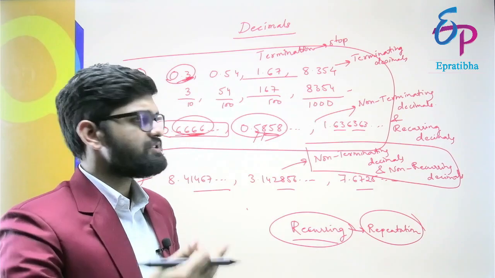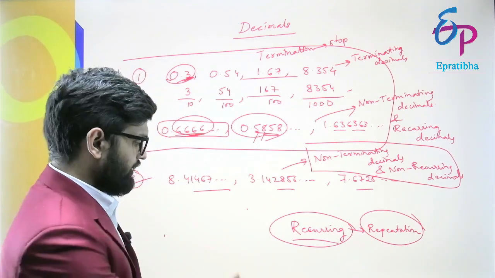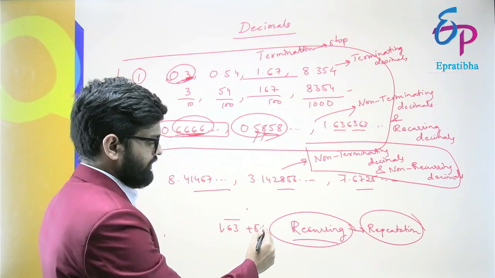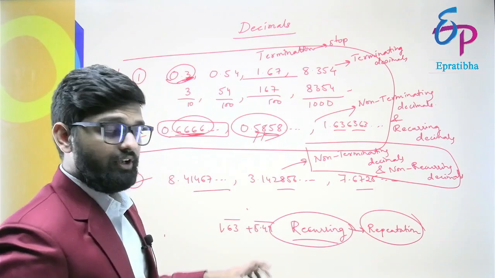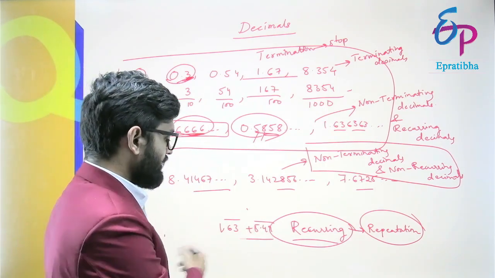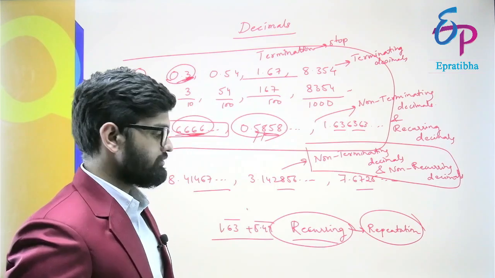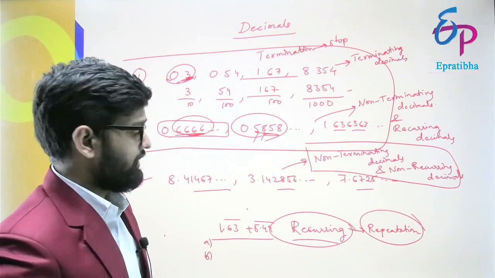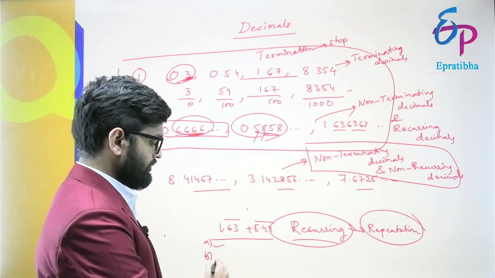Suppose they ask you one question. We'll see what type of questions these are. But they will not give you the answer directly in the options. They will ask which type of decimals these are, whether recurring or non-recurring.